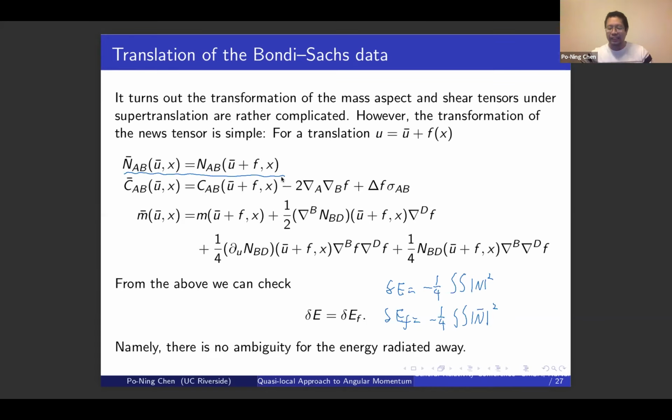Plus any reasonable decay rate of the news tensor to guarantee that I can use the Fubini theorem will guarantee that these two are the same. So in other words, there's no ambiguity in the energy radiated away. It doesn't matter which coordinate system I use. The energy radiated away is well defined.